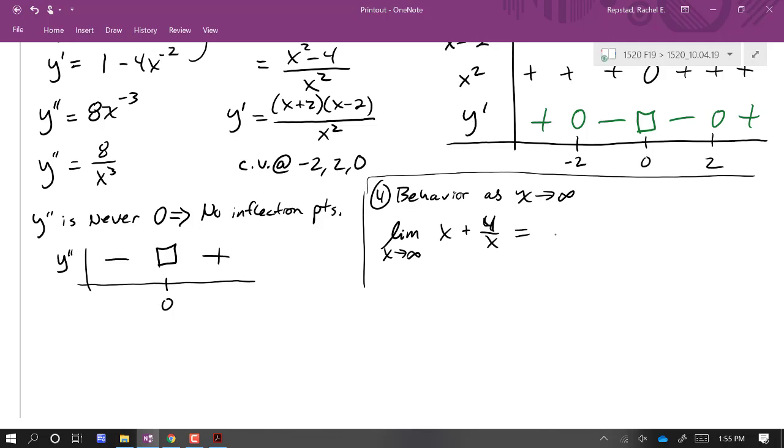So for that reason, I'm going to say that this limit is x. Yes, it is infinity, but what's helpful for me is to understand that the behavior is the same as the behavior of y equals x. So this is a slant asymptote. y equals x is a slant asymptote.